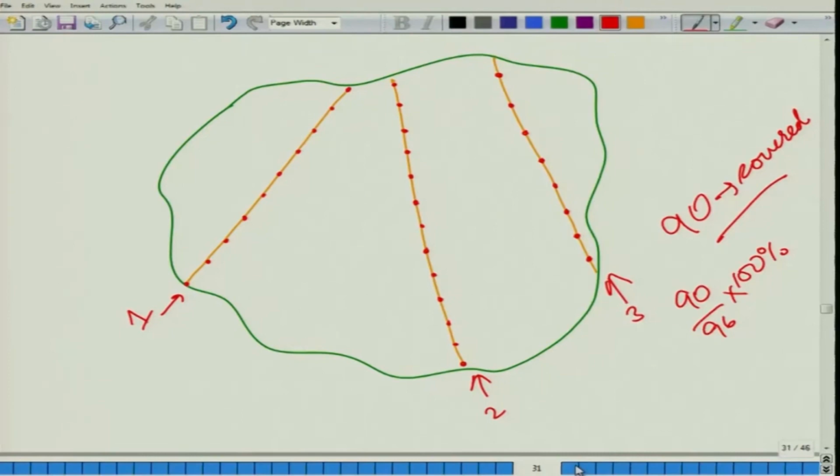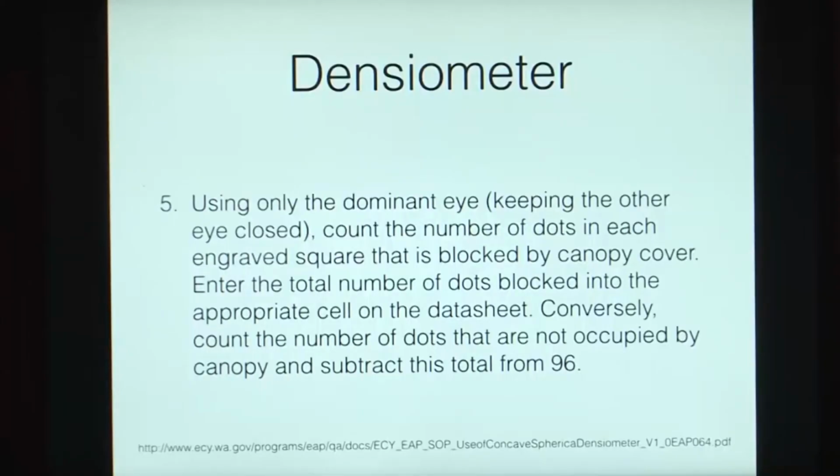Now, coming back to the slides. Using only the dominant eye, keeping the other eye closed, we count the number of dots in each engraved square that is blocked by canopy cover, and enter the total number of dots blocked into the appropriate cell on your data sheet. Conversely, count the number of dots that are not occupied by canopy and subtract this total from 96.